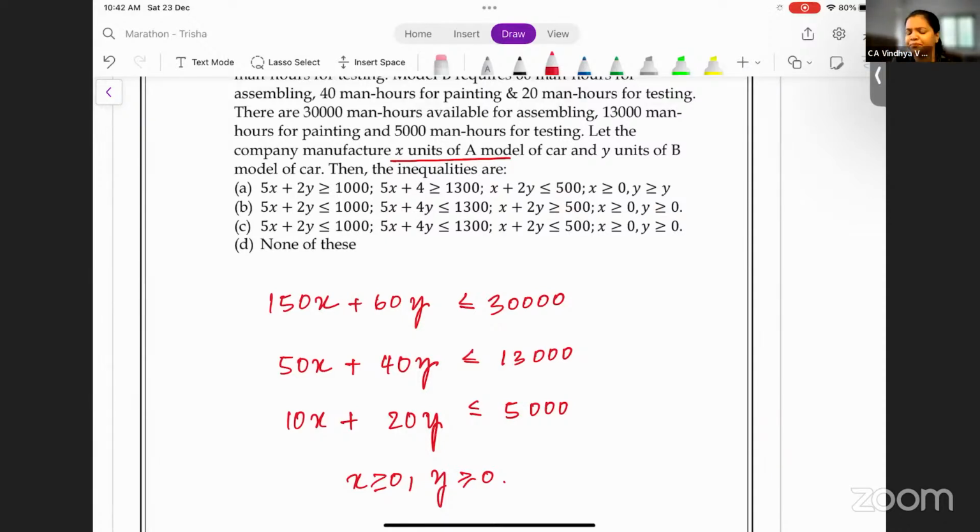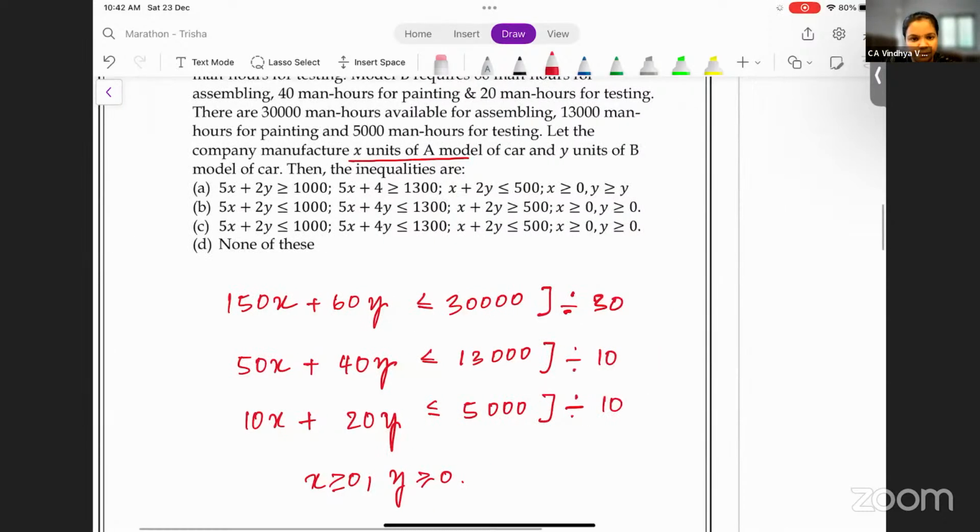Now, if you observe the options, there is no option as such, but we can simplify the options for us. The first equation can be divided by 30, the second one can be divided by 10, and the third one can also be divided by 10. Correct?